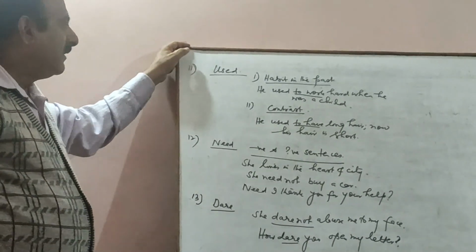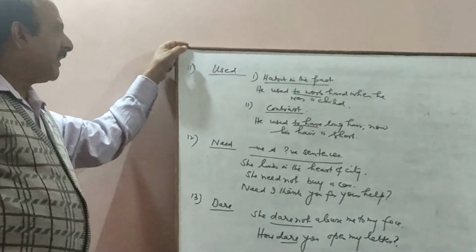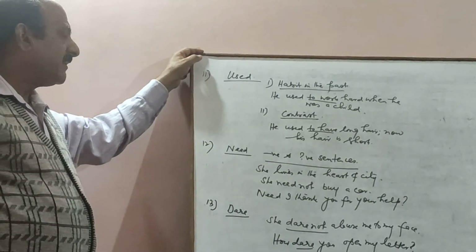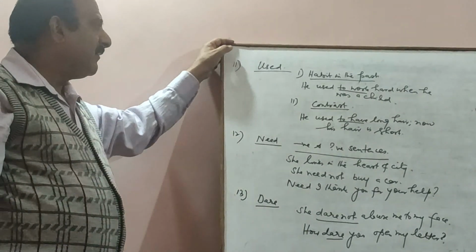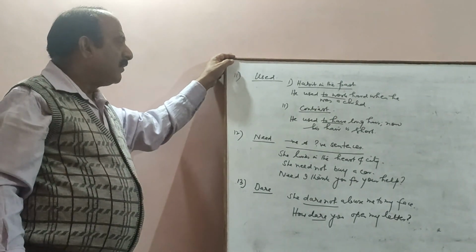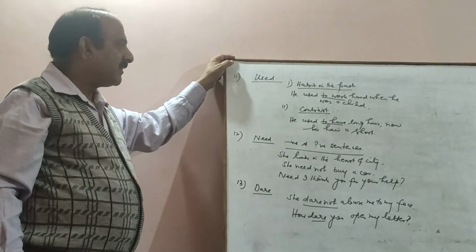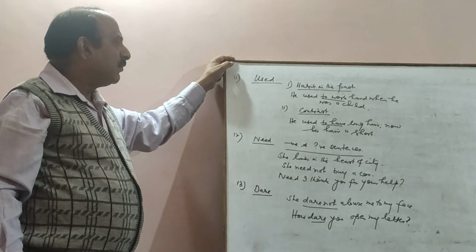So this was all about the modals. So we will recapitulate whatever we have learned. There are 13 modals in English language. Modals express our different moods. Modals are used as helping verbs with the main verb to change the meaning of the main verb in some way.